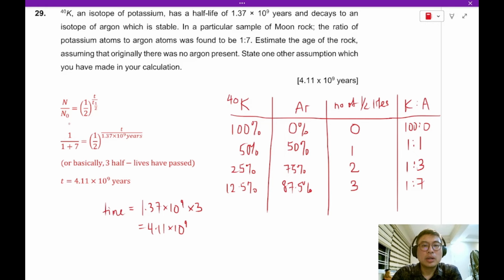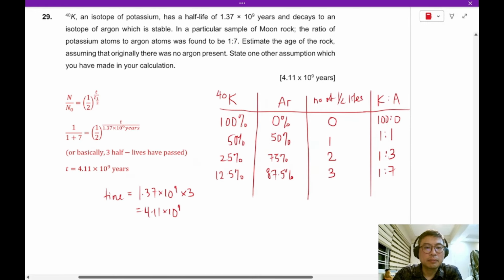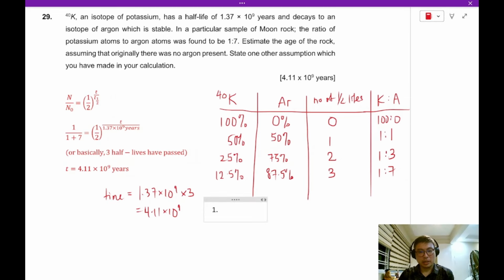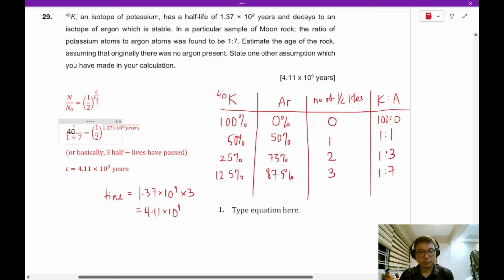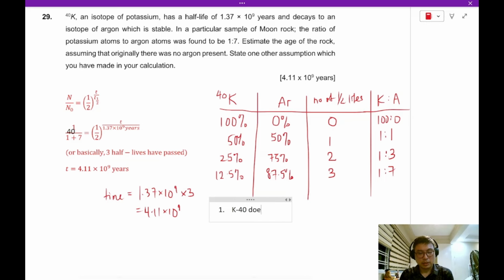Now, what is the other assumption that you have made in your calculation? One other assumption that we can make is that potassium 40 does not come from any other source.